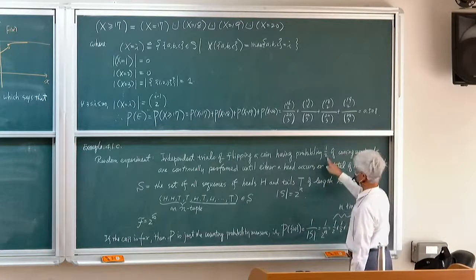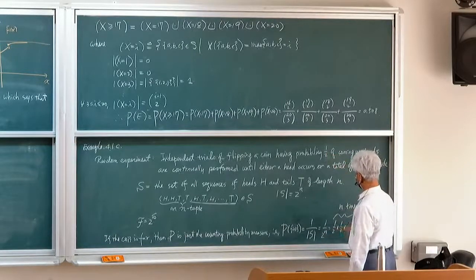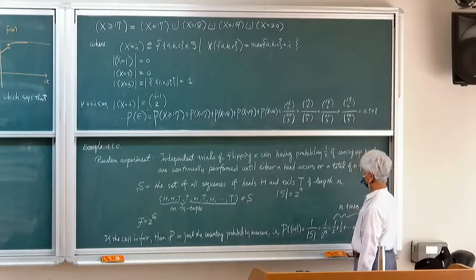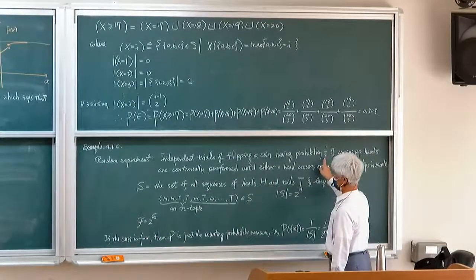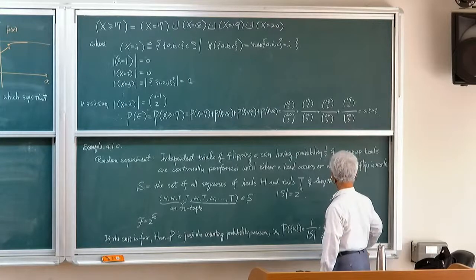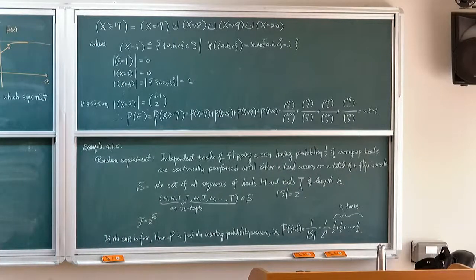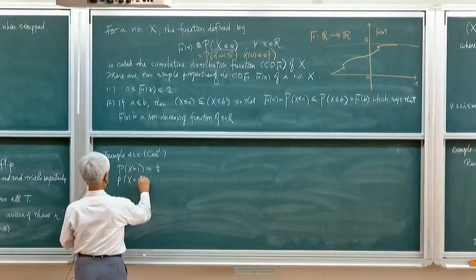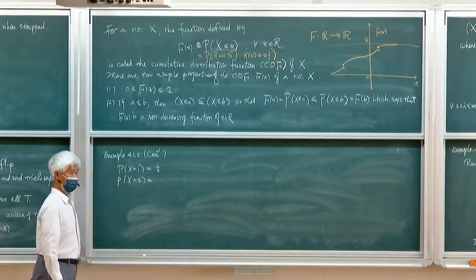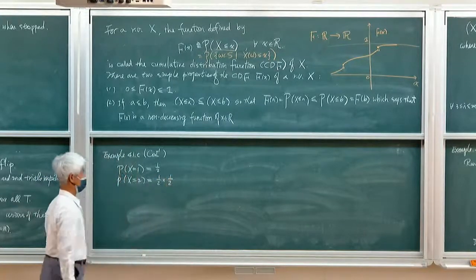It's not that p is half. If the coin is fair, so when p equals half, then it will be half, half, half. So this is half, and for X equal to 2, the first is the tail and the second is the head.